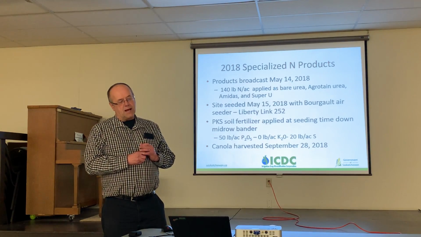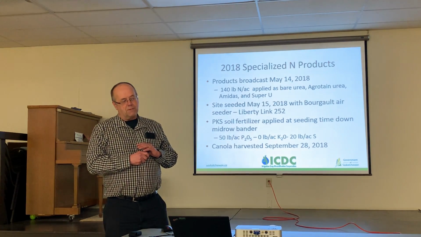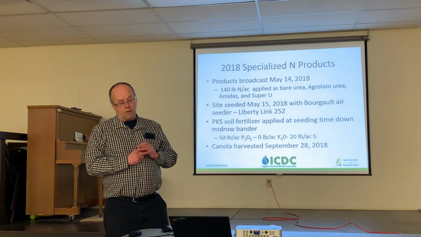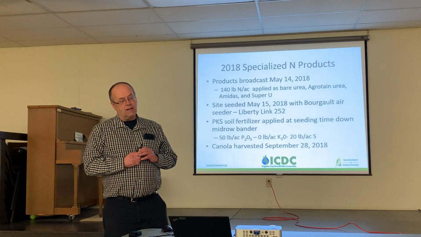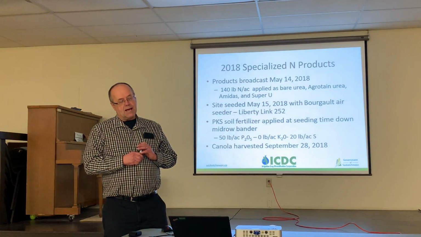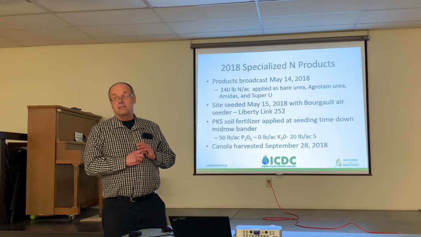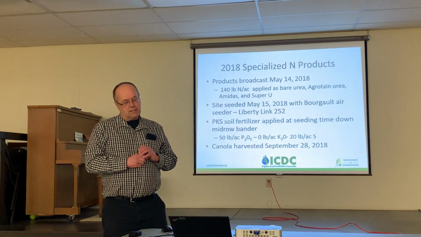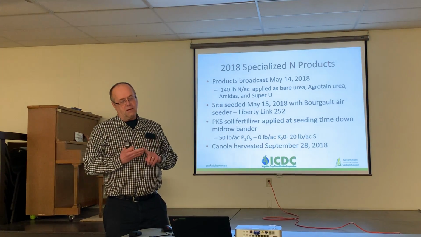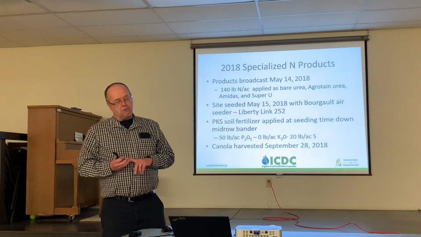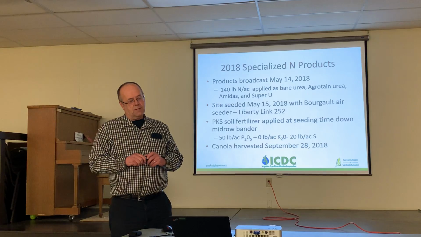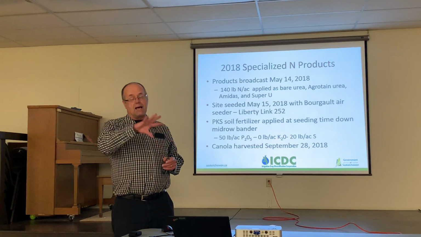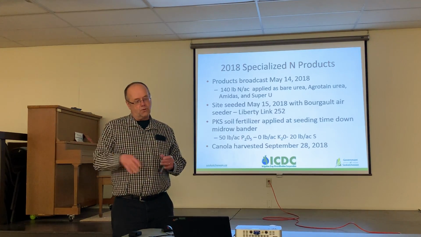So now we're back to probably the most interesting thing about the project we did this past year. We had a project sponsored by Koch Fertilizers where we broadcast 4 different products on the surface of the soil. The products included bare urea, Agritane treated urea, Additives, and SuperU. These products were broadcast onto the surface of the soil.